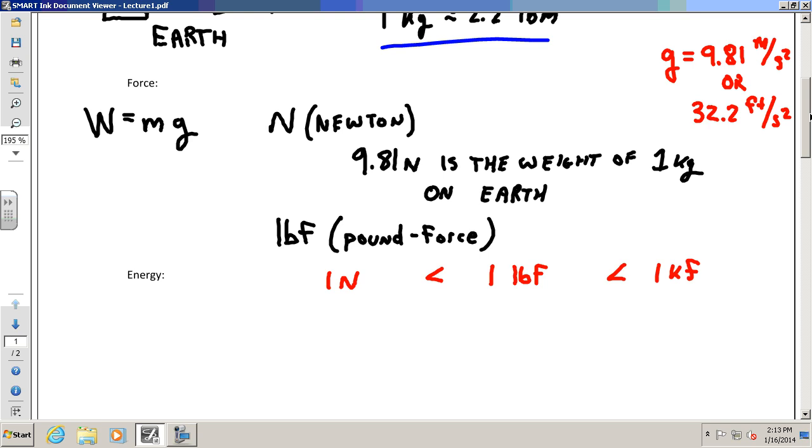So let me show you the conversion. Obviously, 1 pound force weighs 1 pound. 1 kilogram force weighs 2.2 pounds. How much is a Newton? A Newton is about 0.22 pounds. So it gives you a perspective between the 3 different forces. And again, a kilogram force is just the weight of 1 kilogram on Earth.